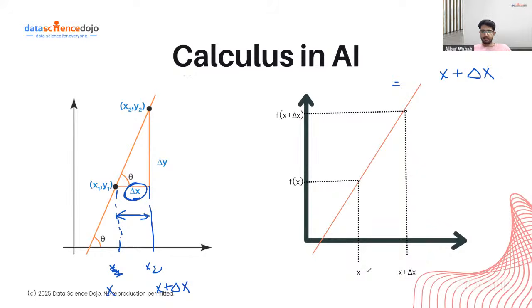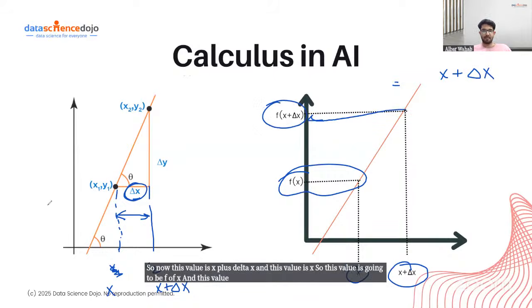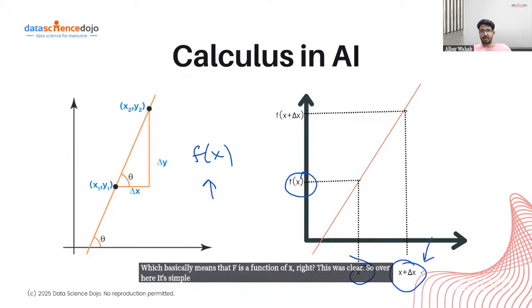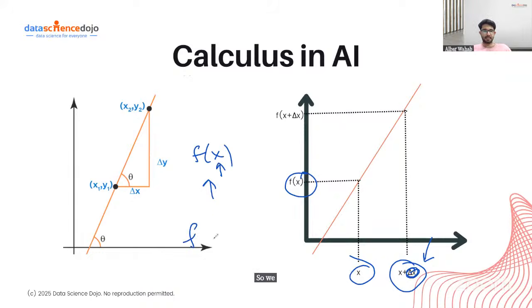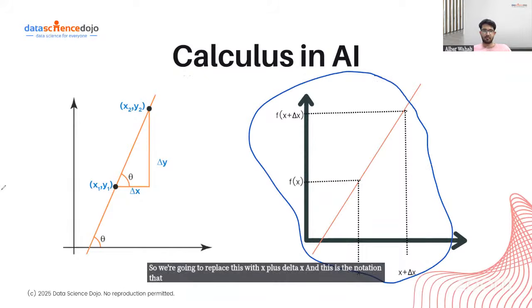So now this value is x plus delta x, and this value is x. So this value is going to be f of x, and this value is going to be f of x plus delta x, which basically means that f is a function of x, right? This was clear. So over here, it's simple. Now, the value of x is x plus delta x. It has increased slightly by this number. So we're going to replace this with x plus delta x. And this is the notation that we're going to use moving forward.